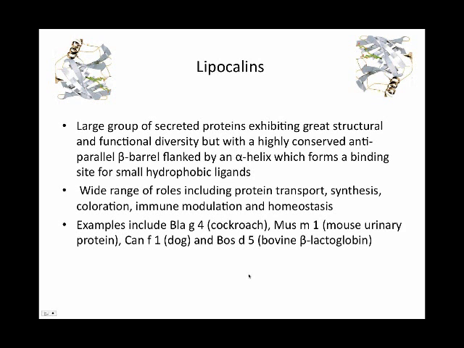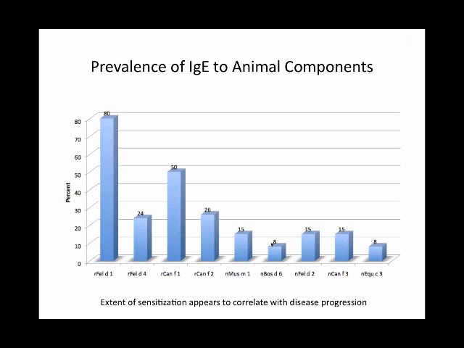So you see them not only in cockroach and mouse, but also in dog and in milk. So it's probably the variations rather than the fact that it's a lipocalin. But it's a very useful structure. It's used as a transport protein in synthesis, coloration, and homeostasis. So we'll see that when we look at the animal components.